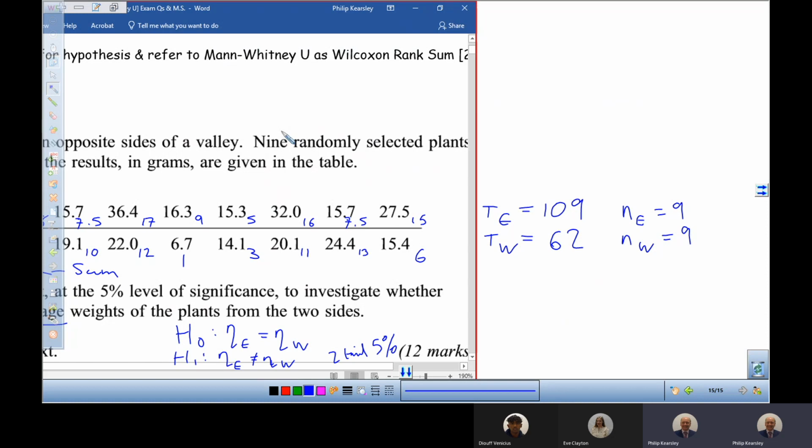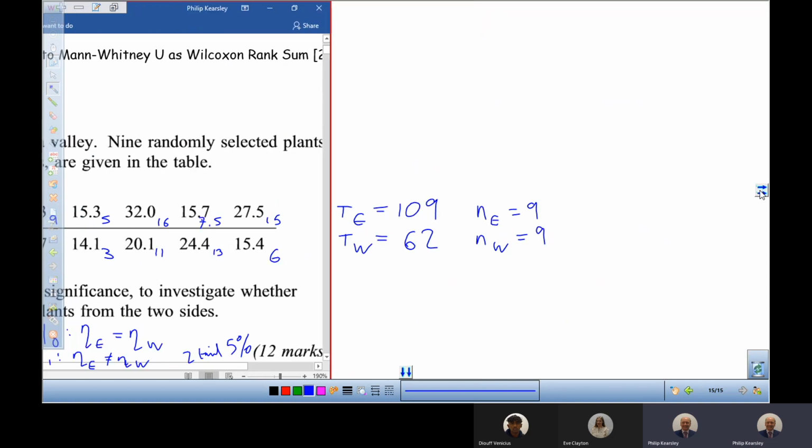The formula for the test stat is in the formula book, and we're looking at table 11 for the CV. Table 11 says rank sum, and it does say in writing U equals T minus N(N+1)/2.